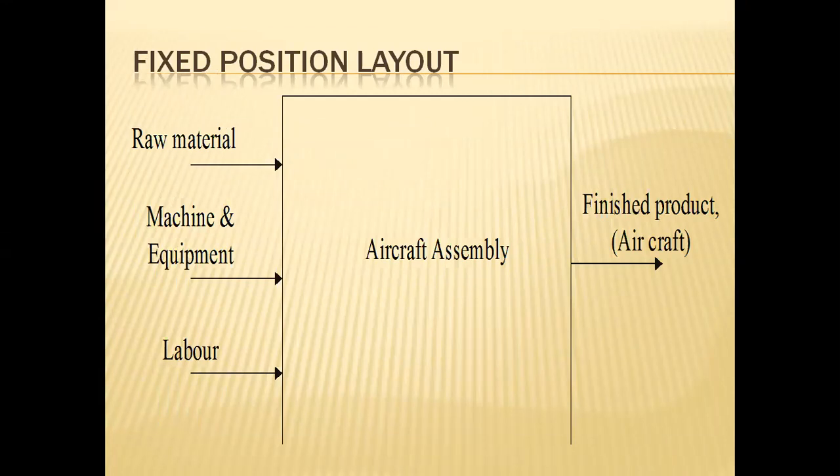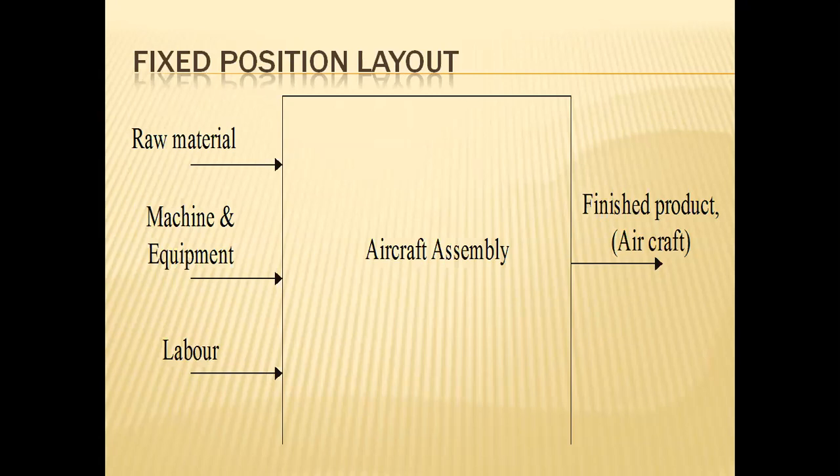As the term itself implies, fixed position layout involves the movement of men and machines to the product which remains stationary. In this type of layout, the material or the major component remains in a fixed location and tools, machineries and men as well as other pieces of material are brought to this location.